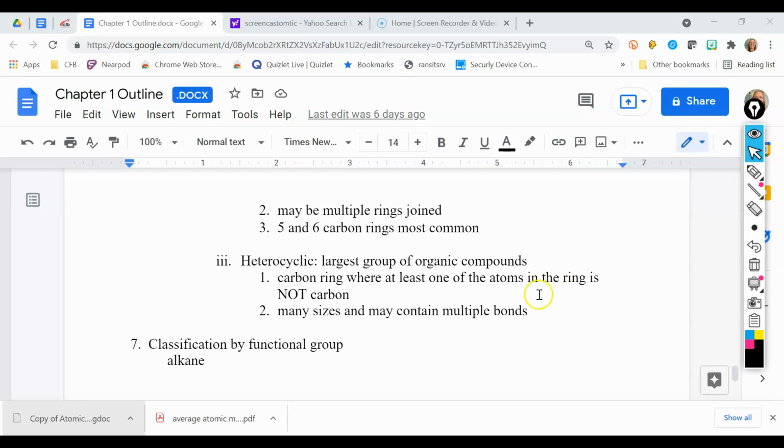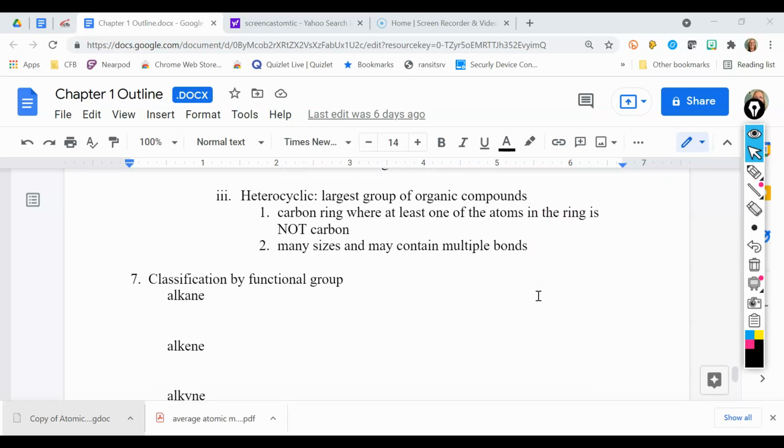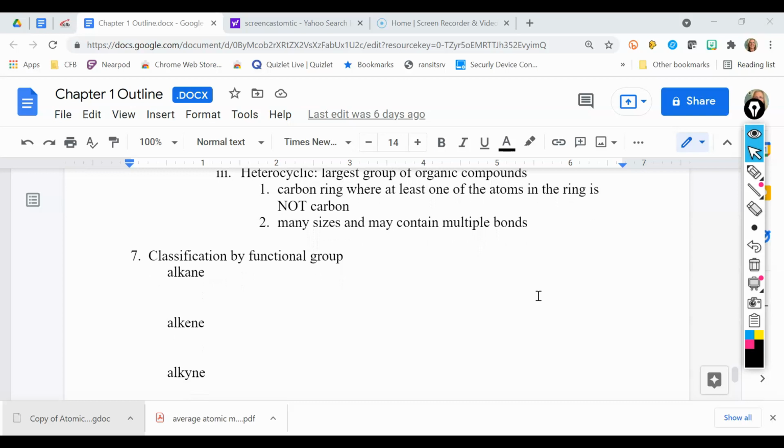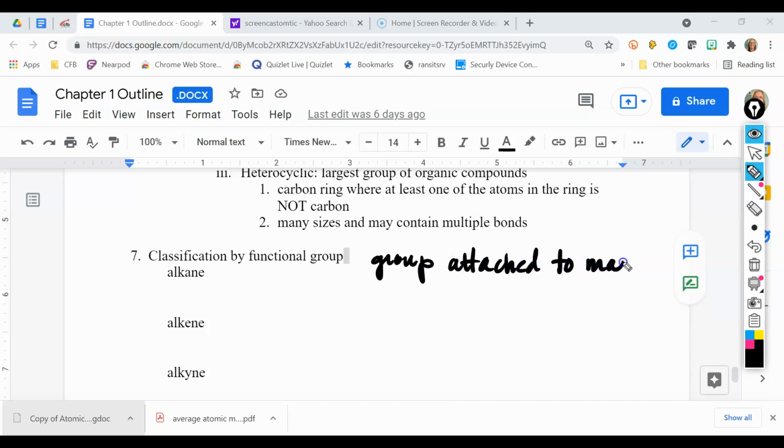Let's go ahead and move on to our functional groups and be able to list things by functional group. So we can have a functional group listed as an alkane, and let's just make sure that we understand what a functional group itself is. Usually this is a group that is attached to the main carbon chain.